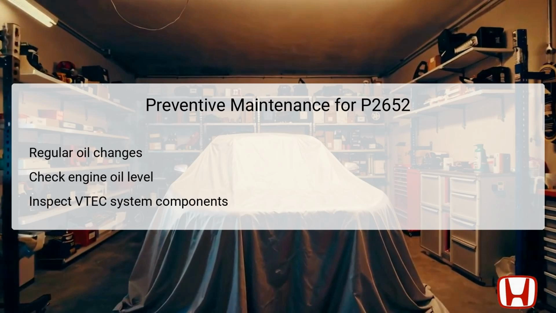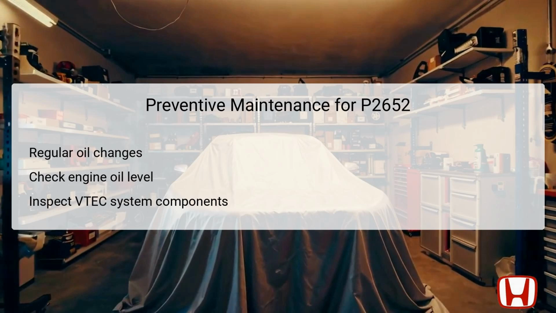Regular oil changes are fundamental, as old oil can lead to improper lubrication and increase wear on engine components, including those in the VTEC system. Additionally, routinely checking the engine oil level ensures that the vehicle is not running under inadequate lubrication, which is crucial for the optimal performance of the rocker arm assembly.